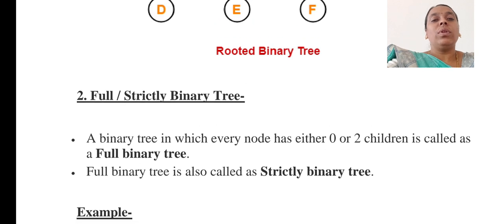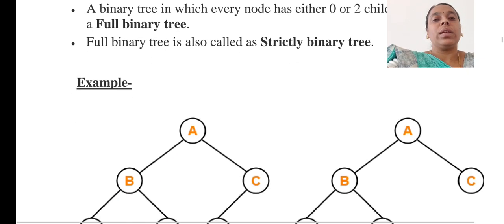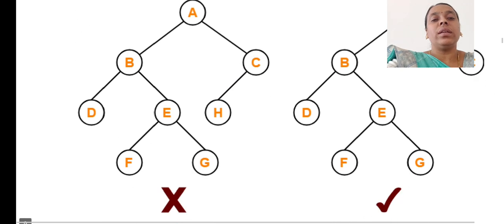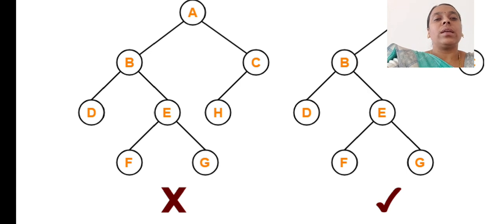Next one, full or strictly binary tree. Here, every node has either zero children or two children. That is called a full binary tree. It is also called a strictly binary tree. This is an example of a strictly binary tree. In the first diagram, the C node has one child.